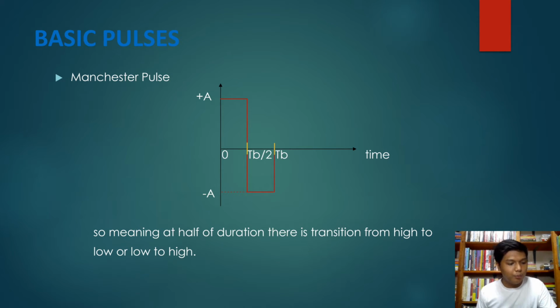In the case of the Manchester pulse, for half of the bit duration it will be plus A at the top, and for the next half it will be minus A. That means there is a transition from positive A to negative A during that duration.